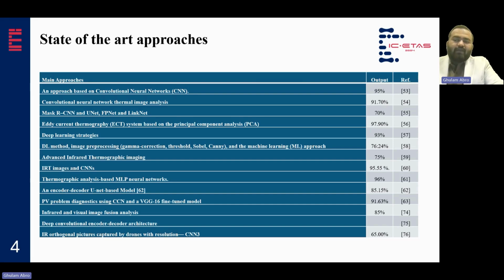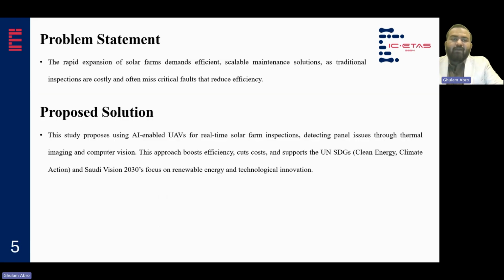The maximum efficiency that we got from the literature review is eddy current thermography, which we call ECT, based on principal component analysis. It reaches 97.90, an algorithm that provides really good results.